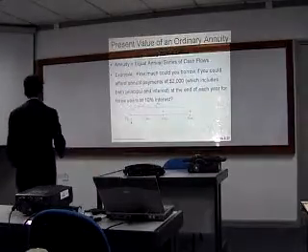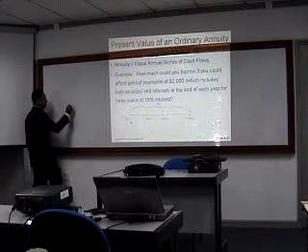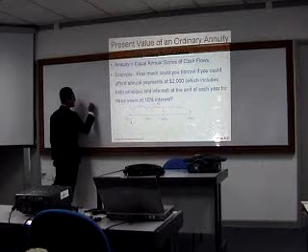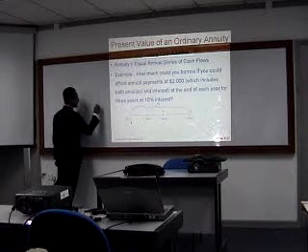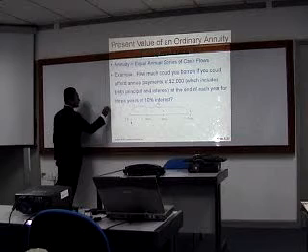The formula will be present value annuity equals annuity multiplied with present value interest factor annuity, which is 10% and 3 years.